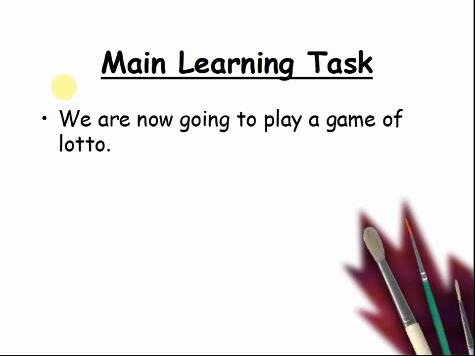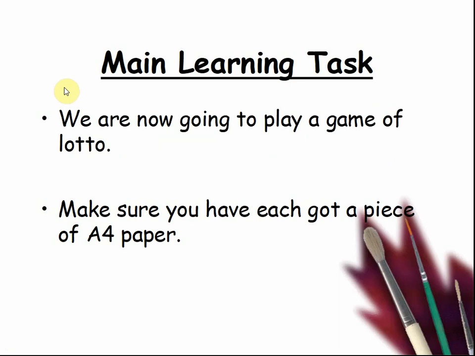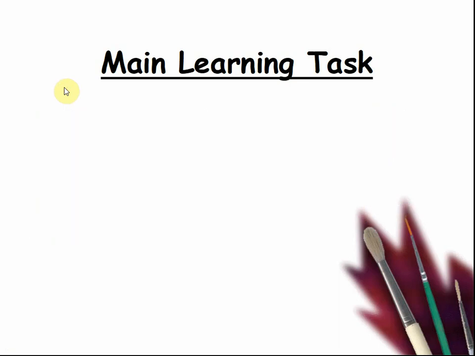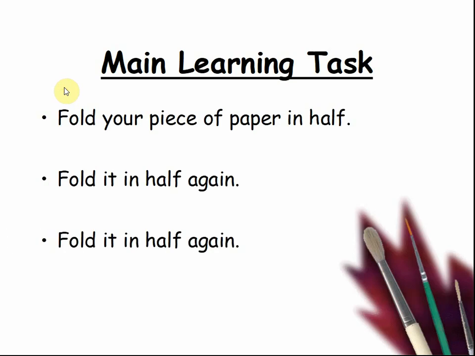We're now going to play a game of Lotto. Make sure you have each got a piece of A4 paper. Fold your piece of paper in half. Fold in half again. And fold in half again. Unfold it.